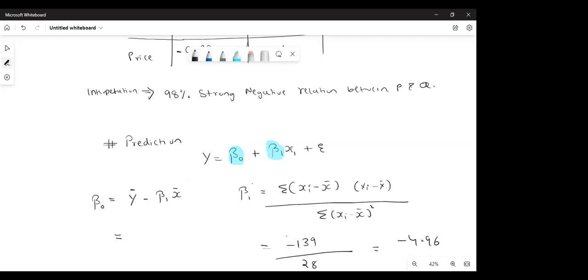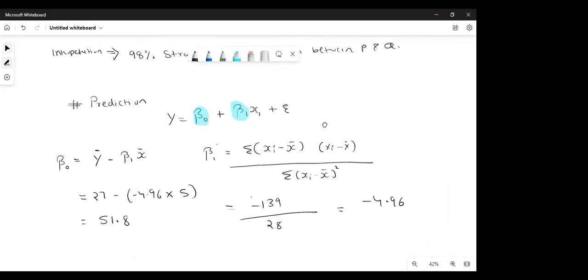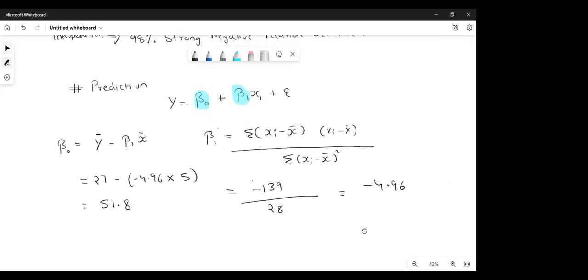Can you put it over here? What is the mean? 27. X bar 5. Solve this. Kiran, Ragini, are you getting the same answer? Yes, I'm solving right now. One second. Okay, I'll wait.